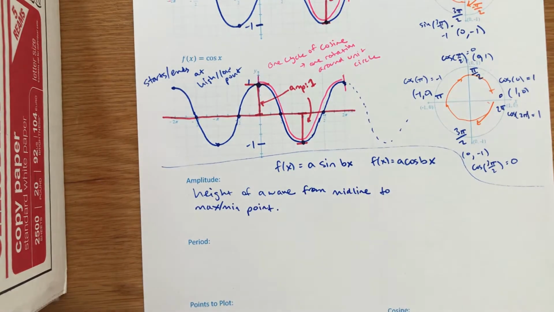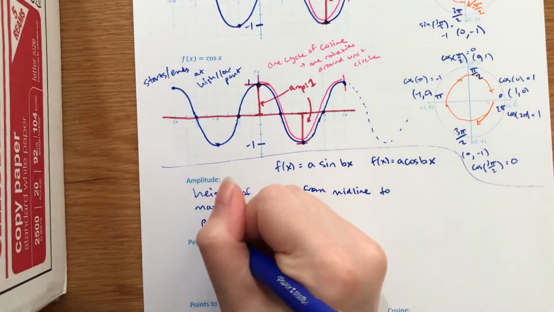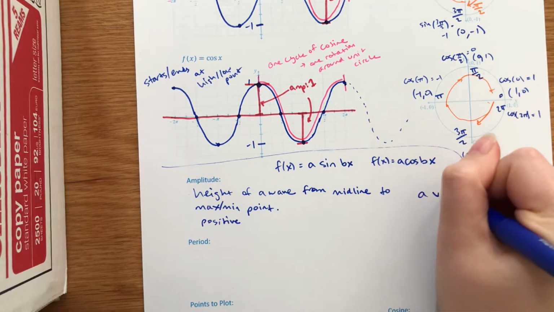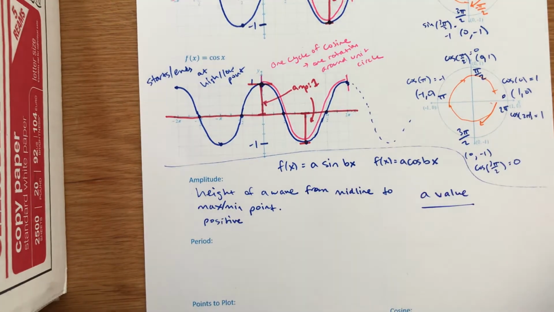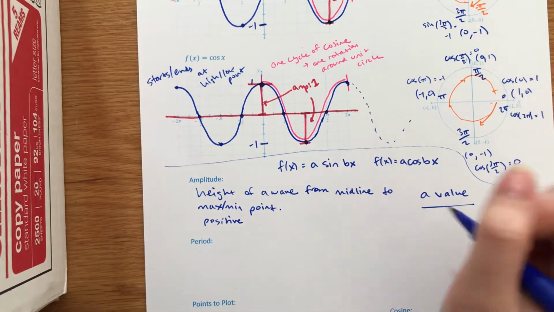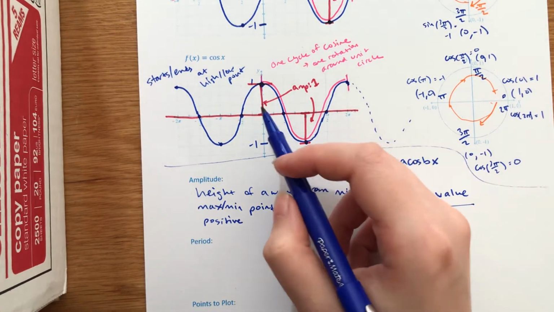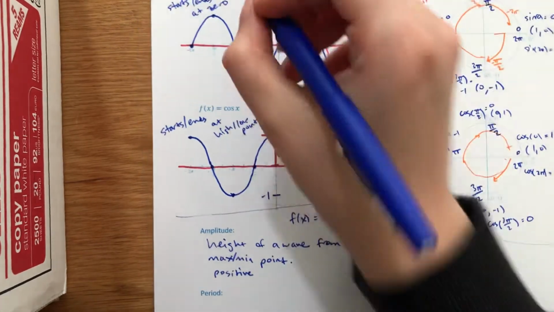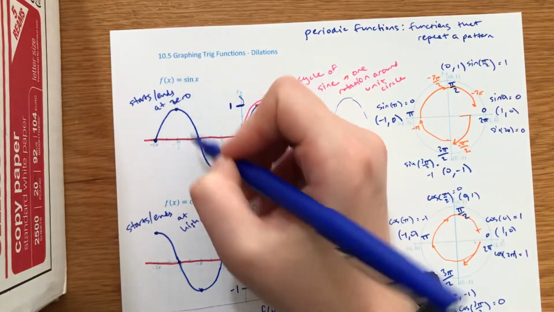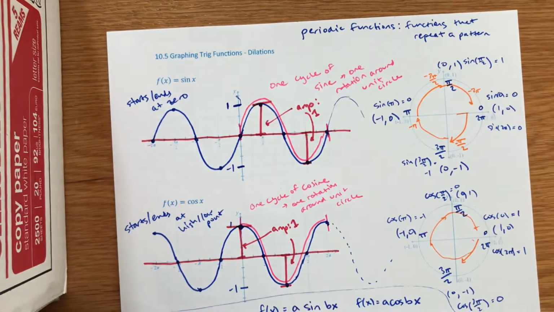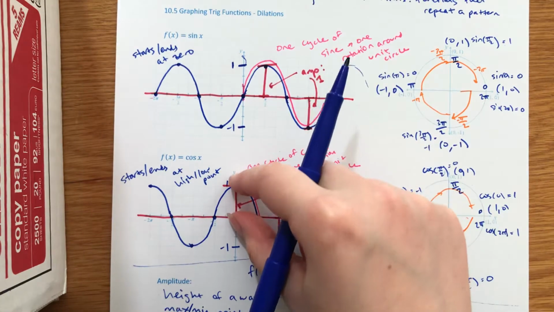And we consider amplitude to be positive. And it's the A value out front. The A value. So whatever number is out front tells you how tall your wave is going to be. So if you have an A value of like 3 out front, then it would be from 0 to 3 would be the height of your wave. Right now, if you check it out, sine or cosine, technically what number is out front? If there's nothing out front, then technically it's a 1. And so that's why our amplitudes are a 1.